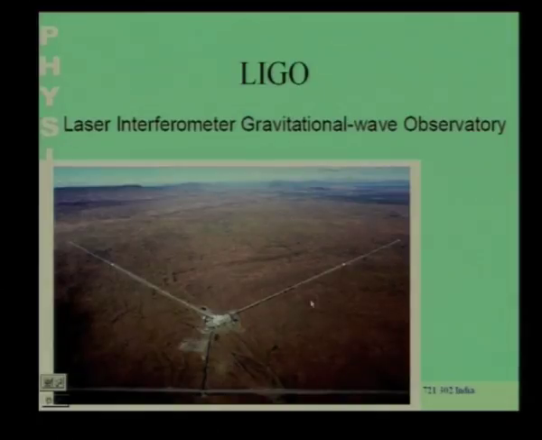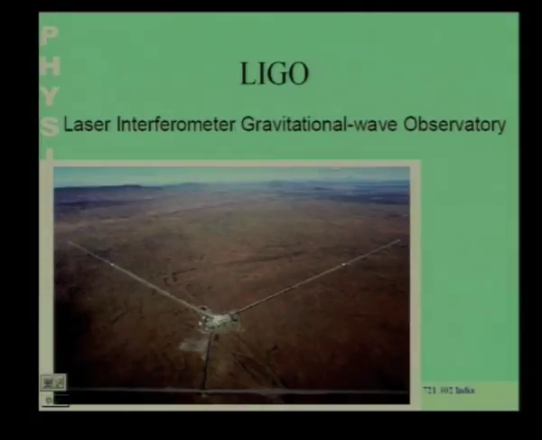The arm lengths are 4 kilometers in length, and this picture shows you this particular Michelson interferometer. This Michelson interferometer is an experiment called LIGO, the Laser Interferometric Gravitational Wave Observatory, and this shows you a picture of LIGO.